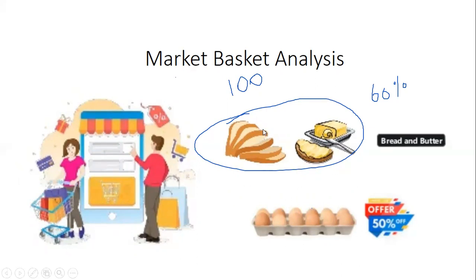So the customer who buys bread and butter is also encouraged to buy the egg by giving the 50% discount. So along with bread and butter sales, the sale of the egg will also happen.